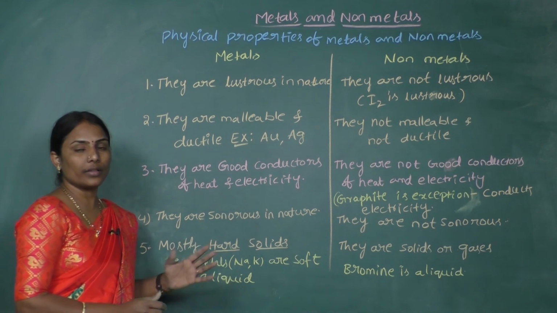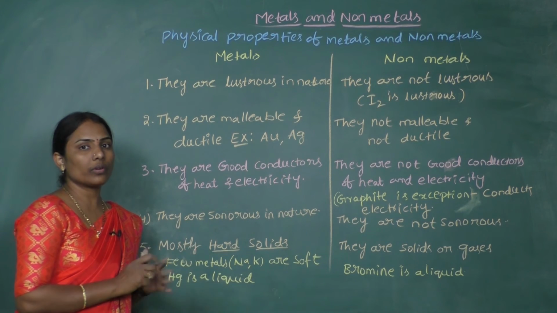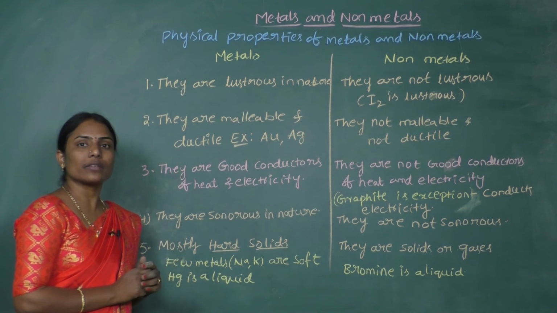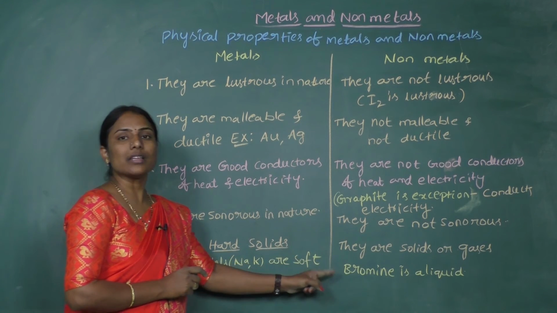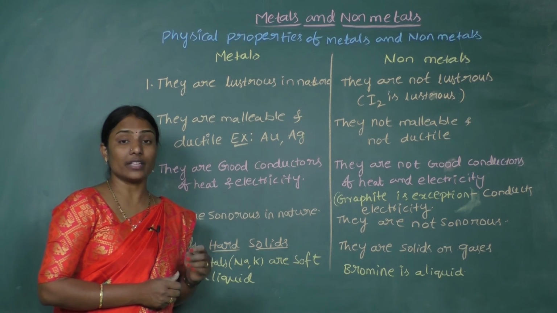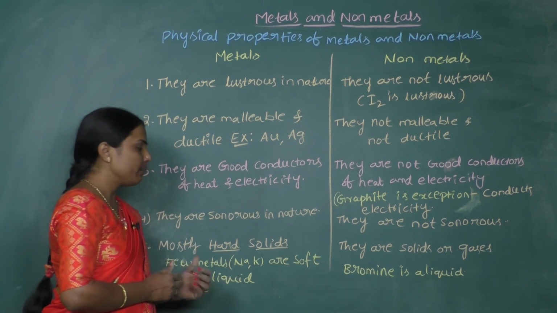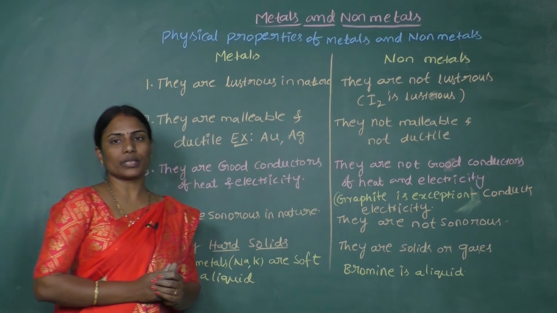And overall, among all the elements present, there are only two liquids. One is a liquid metal, and one is a liquid non-metal. So the only liquid metal in the periodic table is mercury, and the only liquid non-metal is bromine.